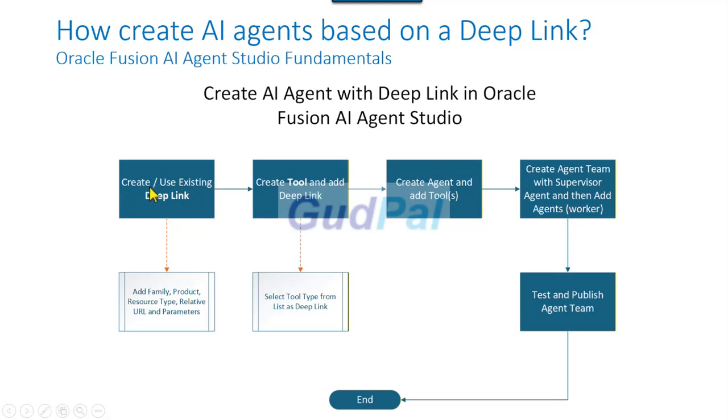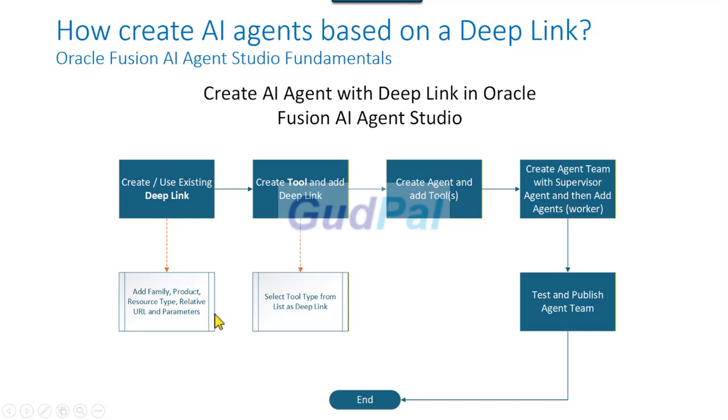While you're creating the deep link, you've got to give the family, product, resources, and most importantly, a relative URL with parameters. The relative URL is the one that will fetch the form through which the agent will get you the information you're seeking.